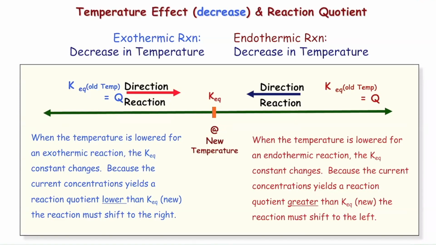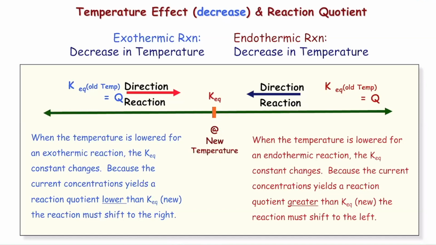Now the chemicals have to respond so that their ratio is going to equal that new equilibrium constant, and it's going to shift either to the left or to the right until the old equilibrium constant becomes the new equilibrium constant at the new temperature. That's basically what is going on when we change temperature. The concentrations will eventually change so that they satisfy the new equilibrium constant.